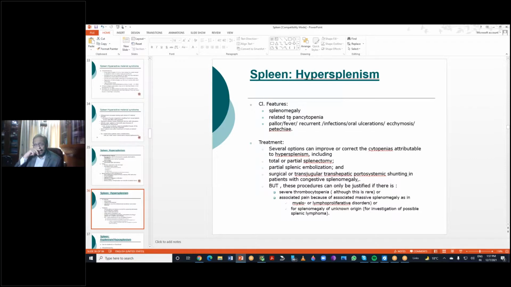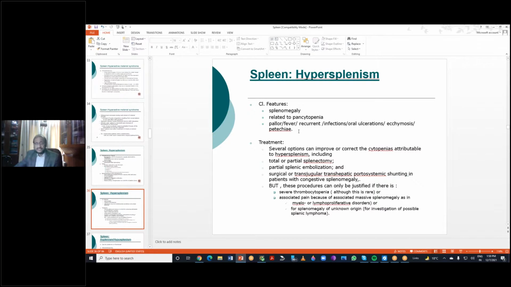And the clinical features: number 1, splenomegaly may or may not be there. I just now told you. Number 2, features related to pancytopenia. That means you can have all features which are because of low RBC, low WBC, and most importantly, low platelet count, in the form of pallor, fever, recurrent infections, oral ulcerations, ecchymosis, petechiae, and of course, the patient may have leg ulcers.